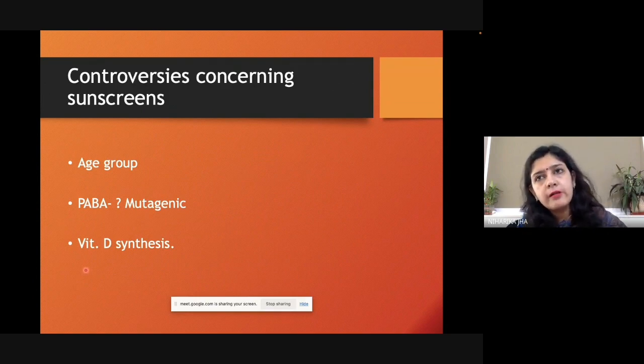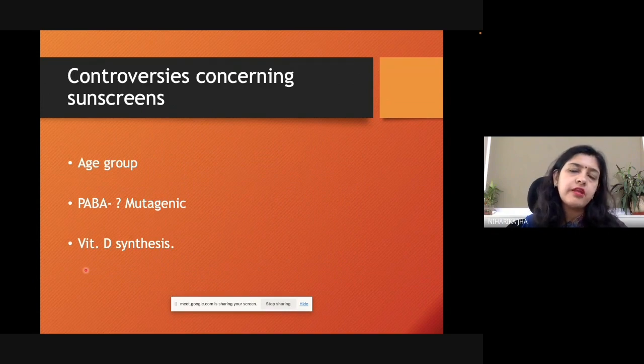So what can be done is, thrice or twice in a week, the patient can expose his or her hands to the sun for vitamin D synthesis in the body. Otherwise, there is not much deficiency created by sunscreen application. Okay, so these are the controversies surrounding sunscreen.